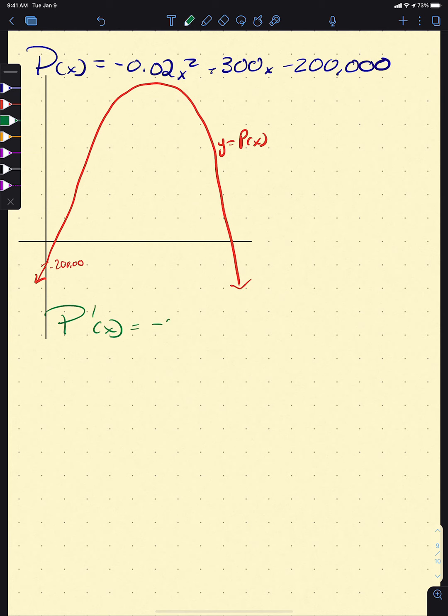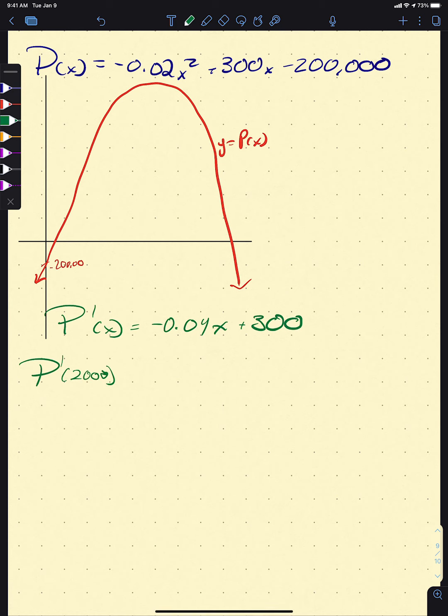And the marginal profit function is minus 0.04x plus 300, right? So that's a fairly simple derivative to take. But what happens if I plug in 2000 to this?